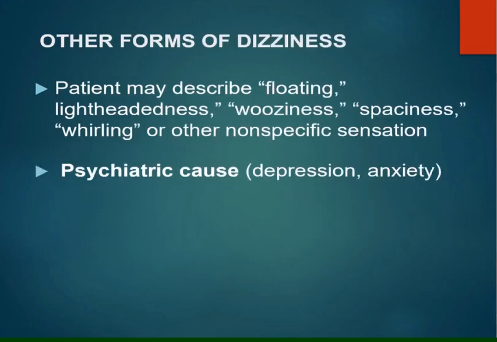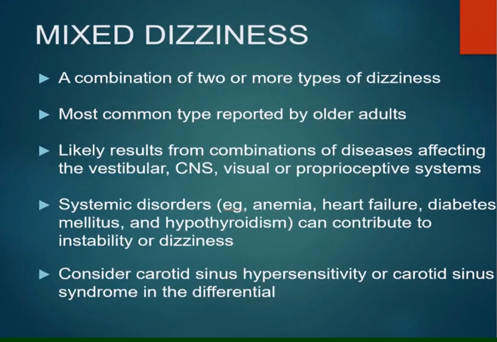So sort of the catch-all for dizziness are the other forms. And again, the patient may describe a variety of symptomatology. A lot of times there's a psychiatric cause that can be associated with depression and anxiety. And also mixed forms of dizziness. So those basically are a combination of two other forms of dizziness, such as hypotension or disequilibrium.